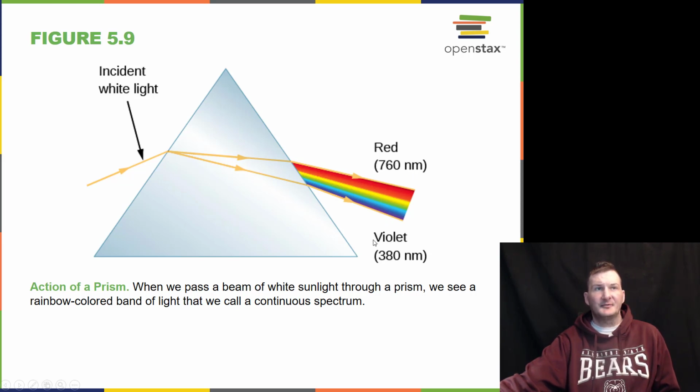Violet is at 380 nanometers, a very small spread of space through the entire electromagnetic spectrum. We can also use what's known as a diffraction grating to look at this spread out light, and that's preferable.